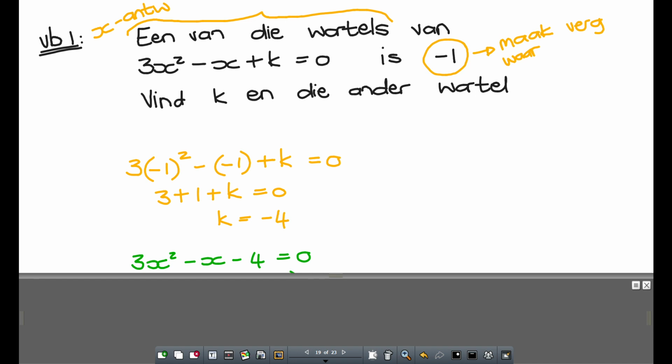Get your 2x values. Jy klaar, Jan? En? Hoeveel? Het jy? Wag, kom, skryf.